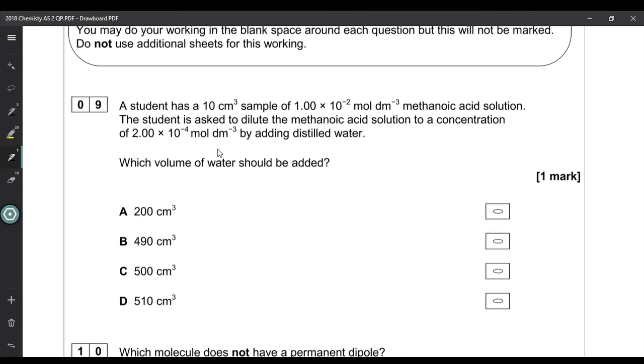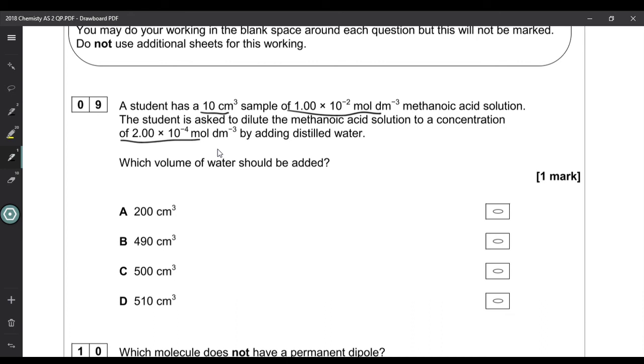Question 9 says a student has a 10 cubic centimetre sample of 1 times 10 to the minus 2 mole per dm cubed methanoic acid solution. The student is asked to dilute the methanoic acid to a concentration of 2 times 10 to the minus 4 by adding distilled water. Which volume of water should be added?